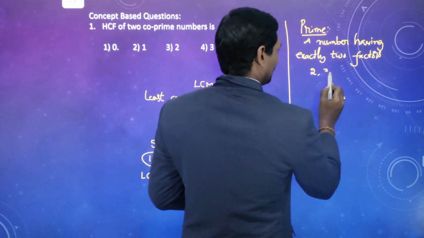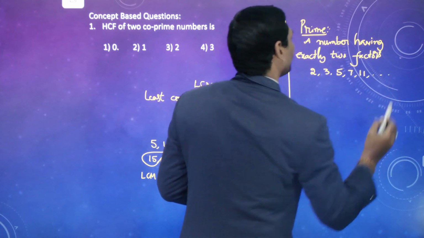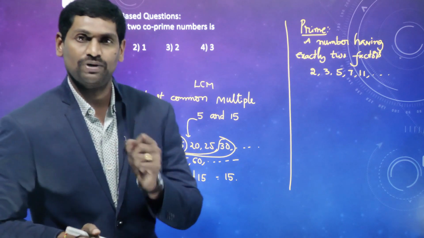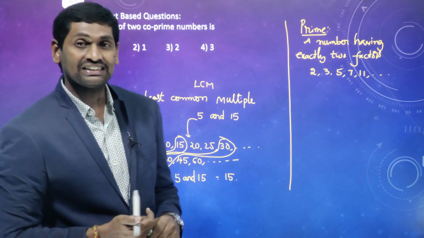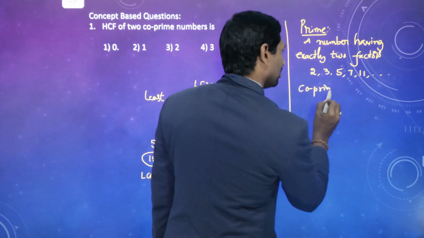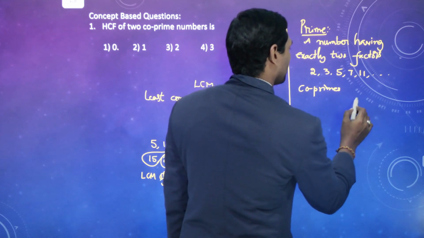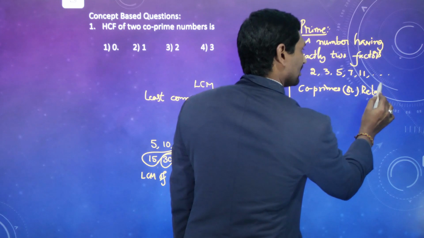So 2, 3, 5 are all numbers having only 2 factors. Such numbers are called prime numbers. Again, there is another type of numbers, co-primes or relatively primes. What do we call them? Co-primes or relatively primes.